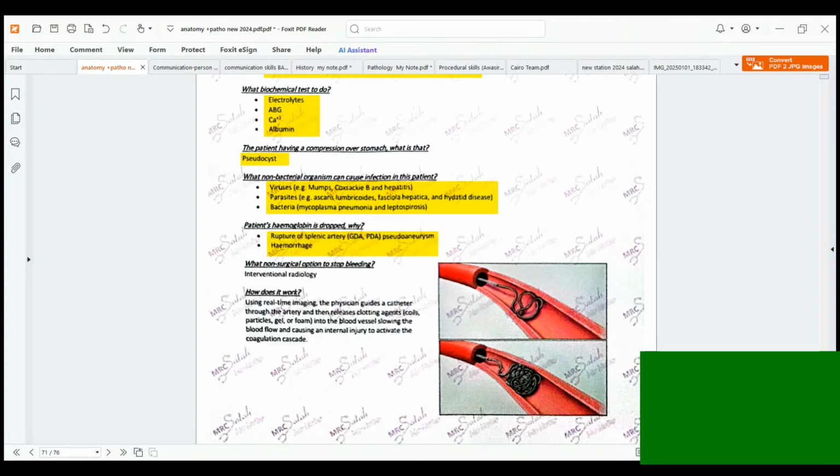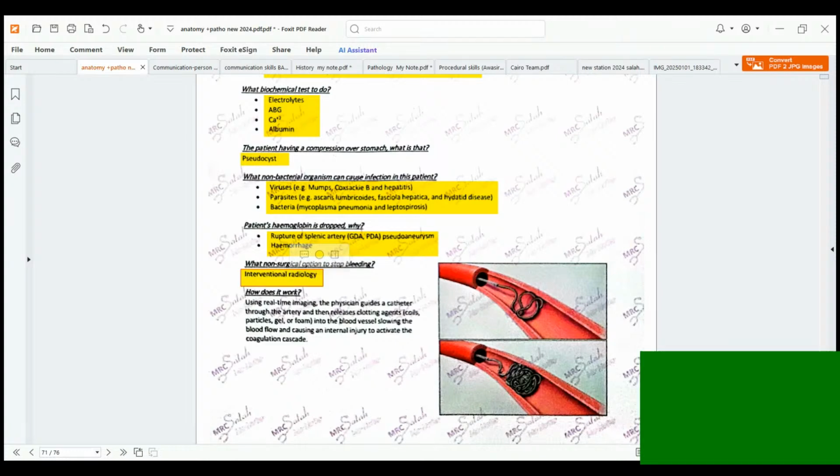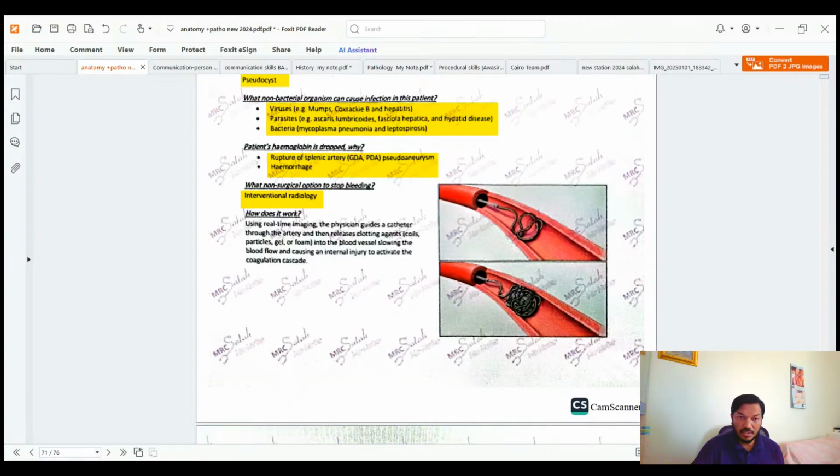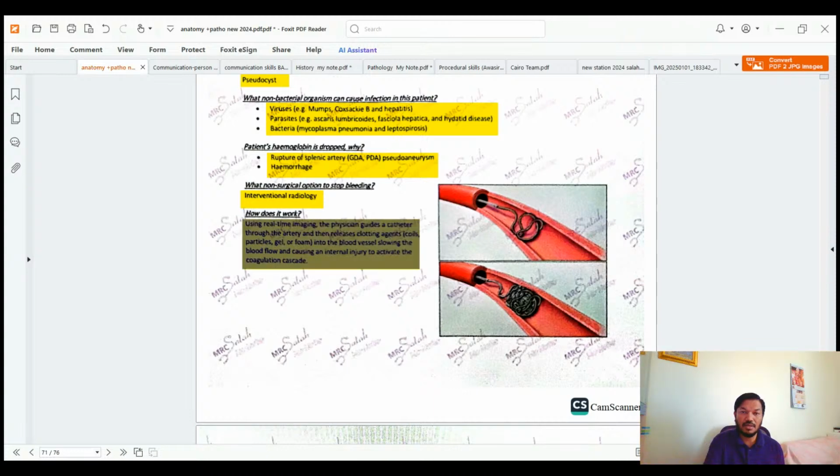What non-surgical options are there to stop bleeding? Interventional radiology by coiling. How does it work?